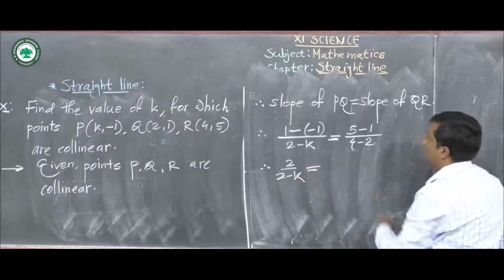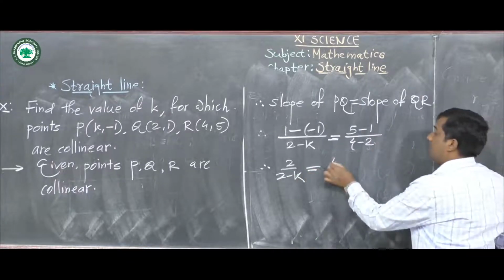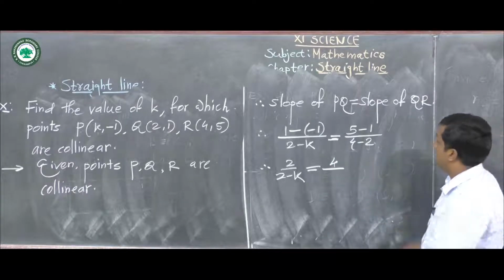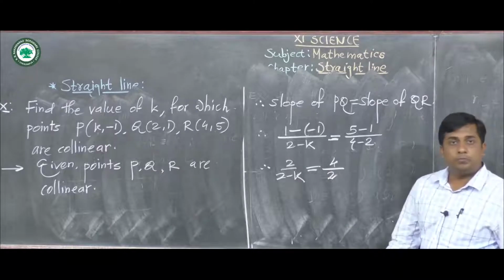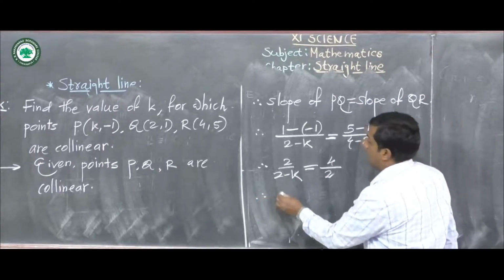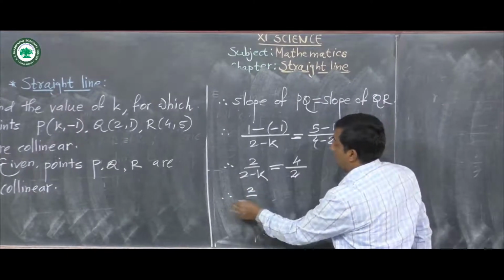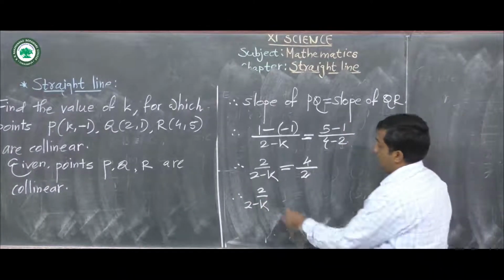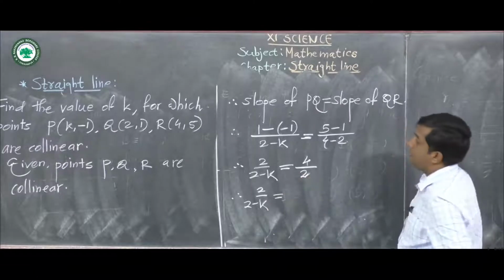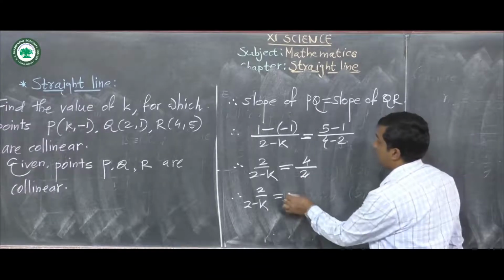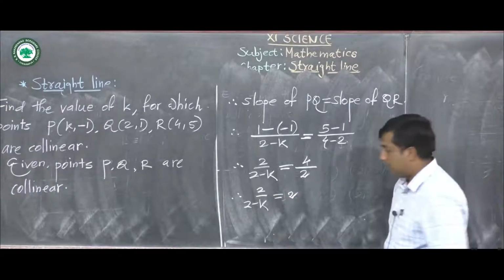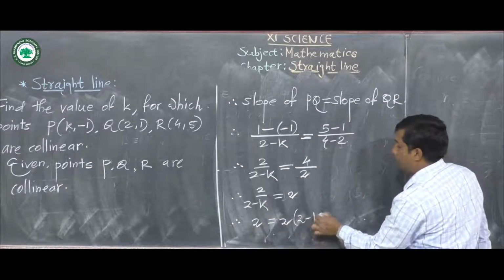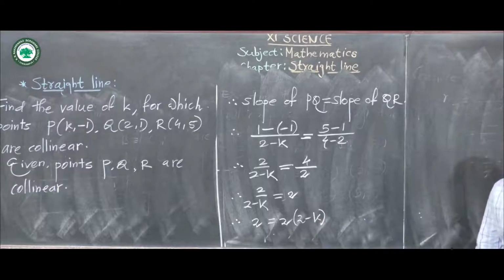This is equal to, we know 5 minus 1 is 4, divided by 4 minus 2, which is 2. Therefore, 2 upon 2 minus k is equal to 4 upon 2, and 4 upon 2 is 2 only. Then 2 is equal to 2 into the bracket 2 minus k.